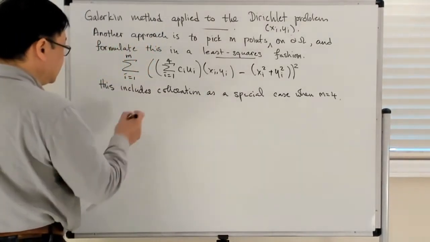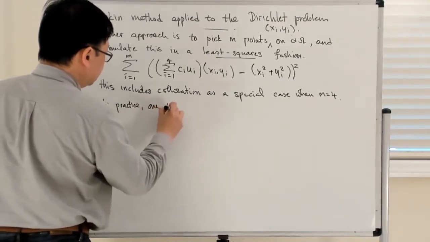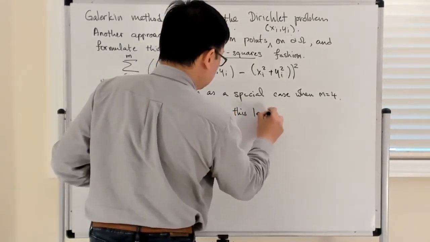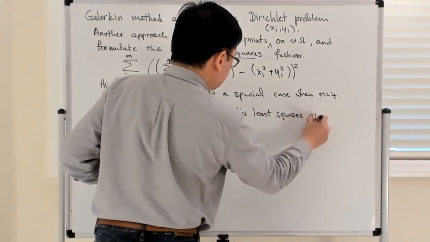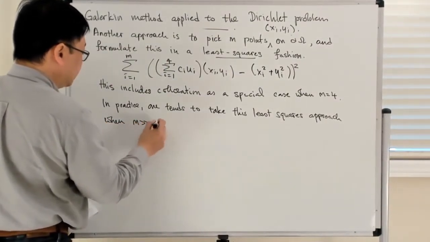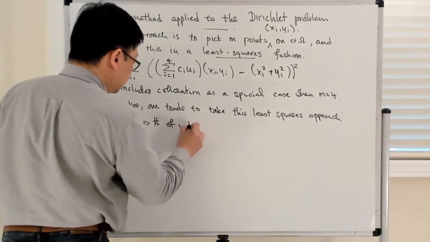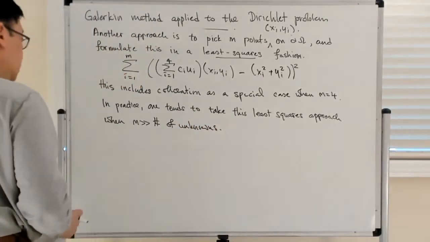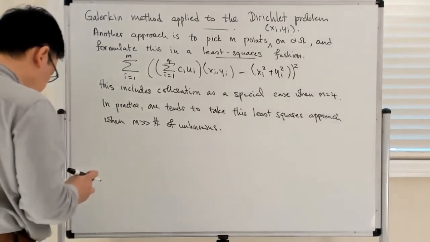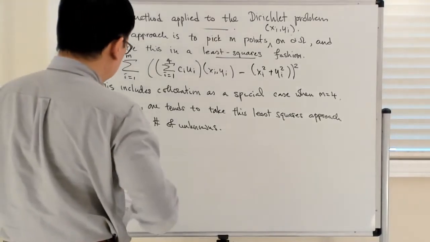Let me just say that in practice, one tends to take this least squares approach when m is much bigger than the number of unknowns. Okay, so that's another approach.